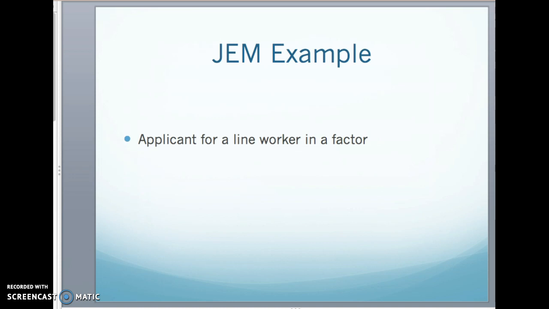So by conducting a job element method of analysis on this position, the organization knows that if the applicant cannot perform repetitive motions or is not willing to work overtime, then they will probably not be a good fit for the position. In this way, because of the job element method of analysis, the right person for the work can be hired.